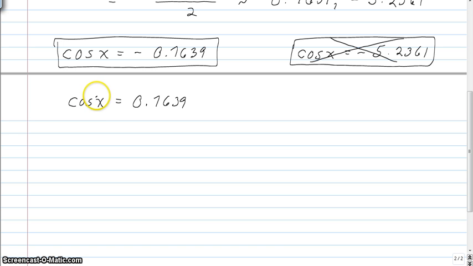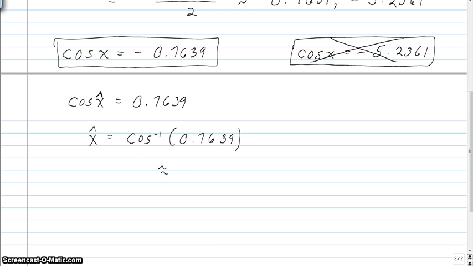And if I do that, then what I'm finding is the reference angle. So I indicate that with a hat on my variable. And so I'm going to find the reference angle by taking the inverse cosine of both sides. And of course I'm going to need to use the calculator to do that.